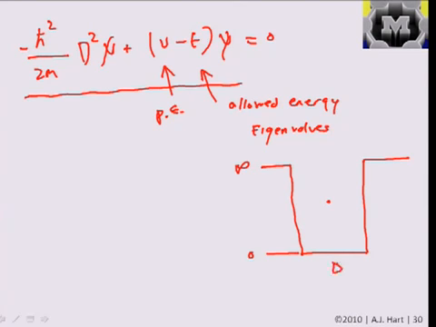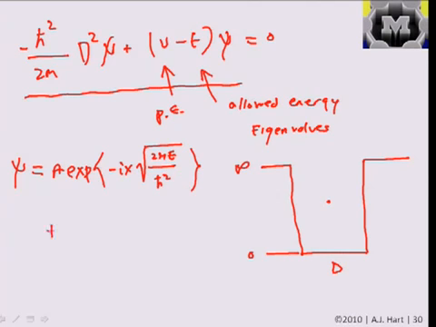And so if we solve this equation for this case, we would end up with a general solution of this wave function that is the superposition of two exponentials, the first one is like so, and the second one has a second constant b.